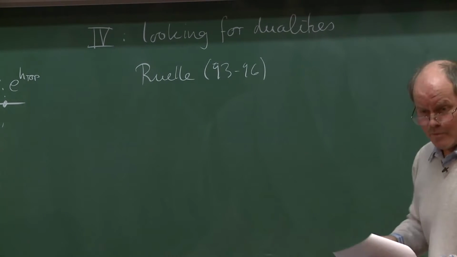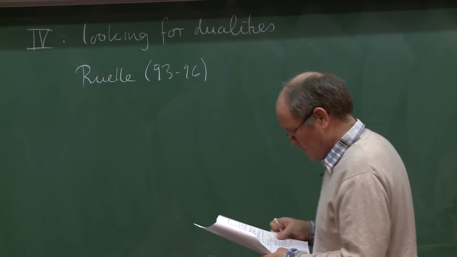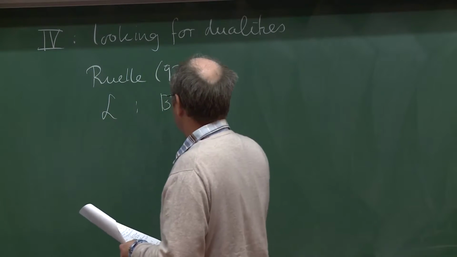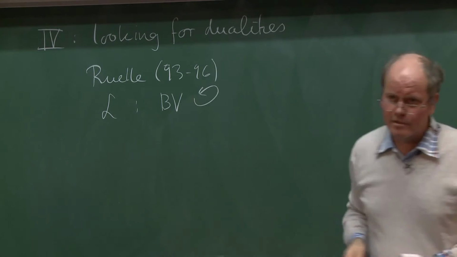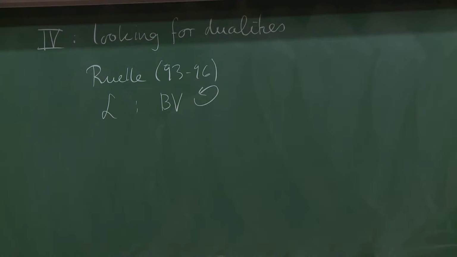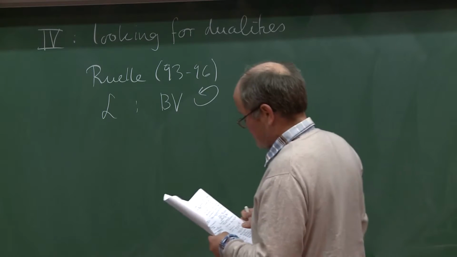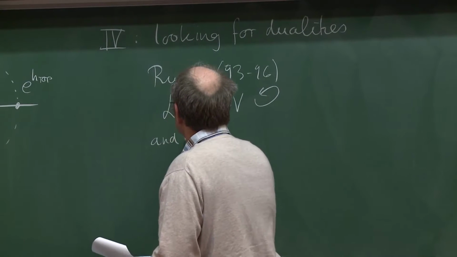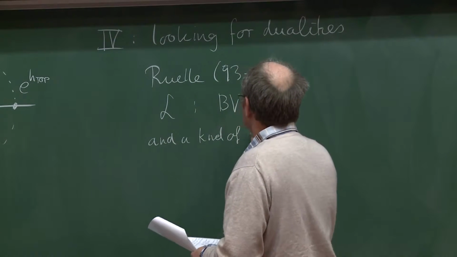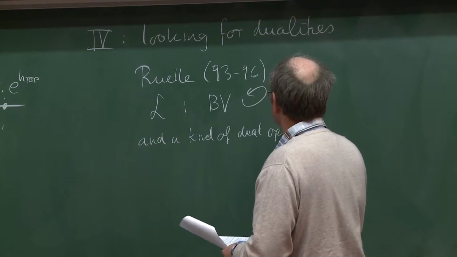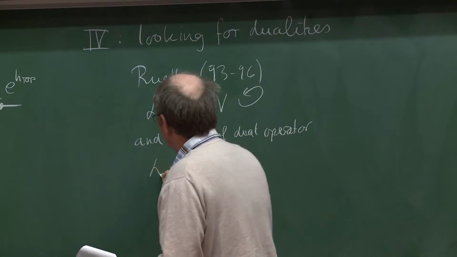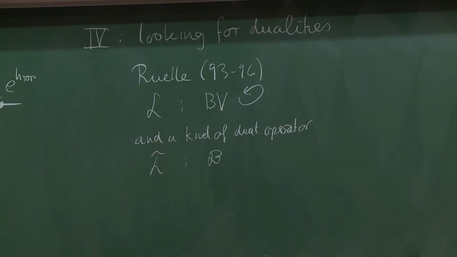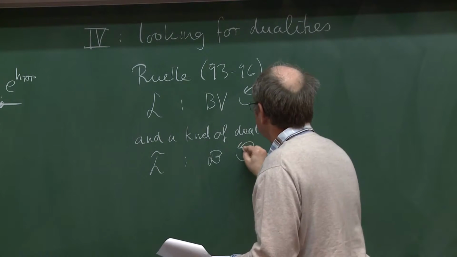And what, at least in my interpretation, which might not be completely up to standard, is that he looks at some operators, or even integral operators, which act on BV functions. And then there's a kind of dual operator, let me write L tilde, which in fact takes bounded functions in the uniform norm and maps them into themselves.